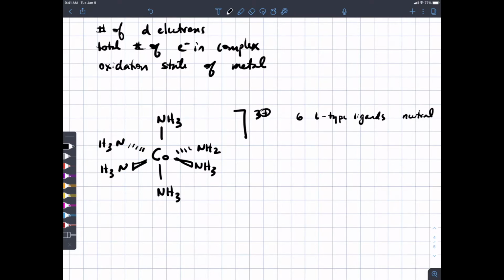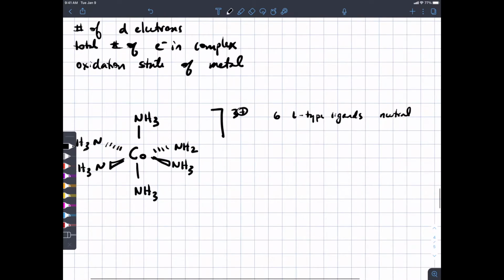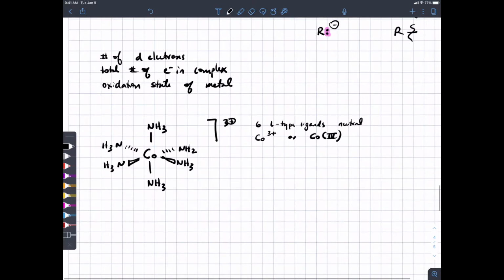So if we dissociated all of them, what would be the charge on cobalt? +3, right? Because the ligands are neutral, so the only thing that can be the charge is the one on cobalt. So cobalt is in the +3 oxidation state. We can draw that like this. Okay. Now, how many d electrons?